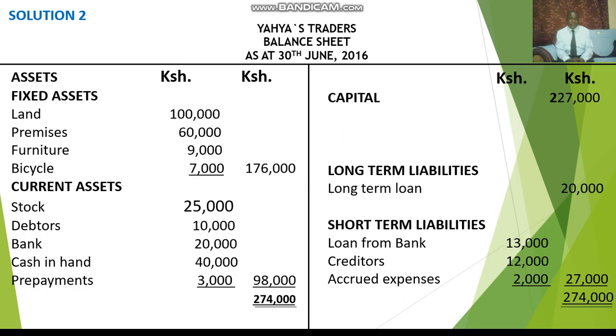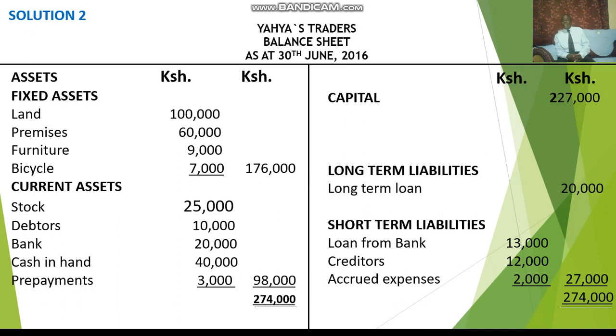Now from the balance sheet, the total assets, that is fixed assets and current assets, on the left-hand side is 274,000, and the total liabilities, that is long-term liabilities and short-term liabilities, is 47,000. So we are required to calculate capital, and from the balance sheet equation we have capital is equal to assets minus liabilities.